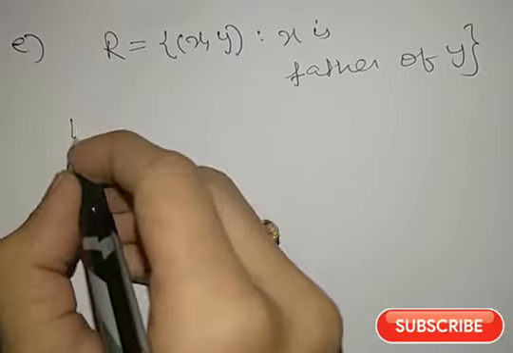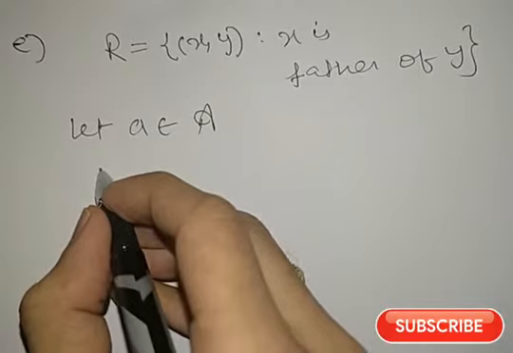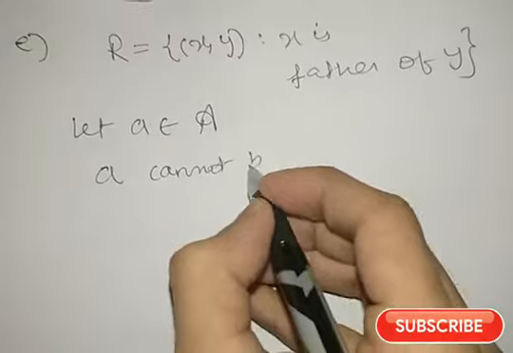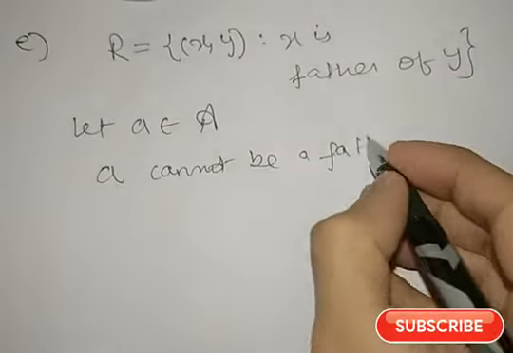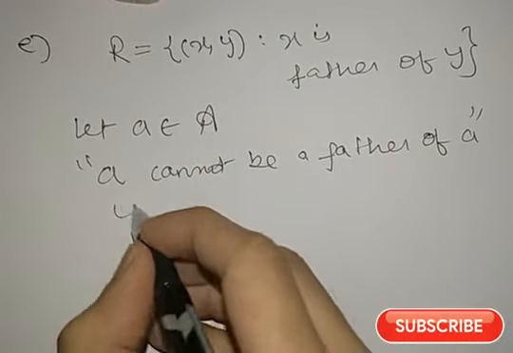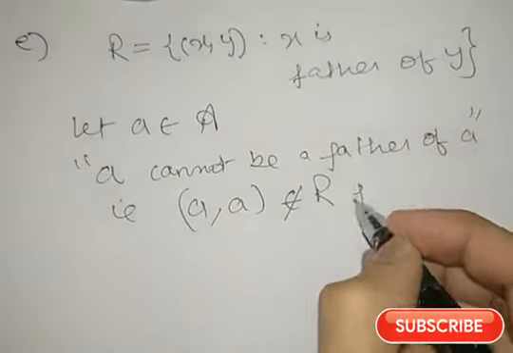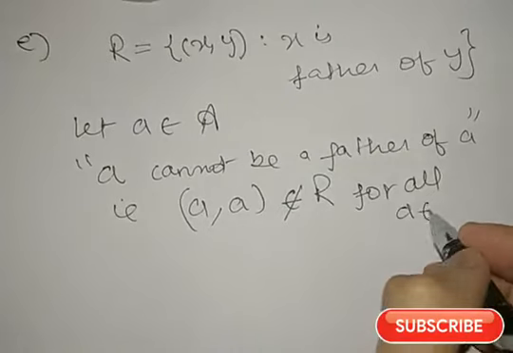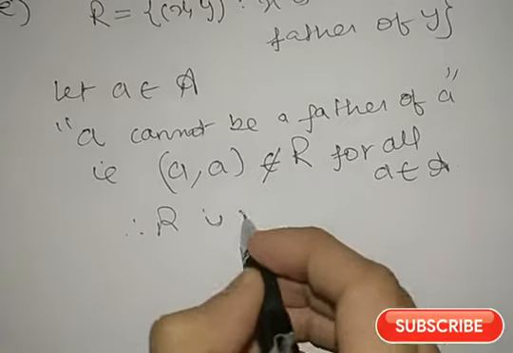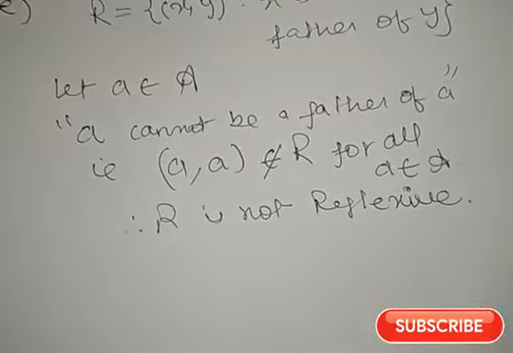So let a belong to the set A. Then you know that A cannot be a father of himself. So A cannot be a father of A, that is (A, A) will not belong to the set R for all a belonging to the set A. So therefore R is not reflexive.